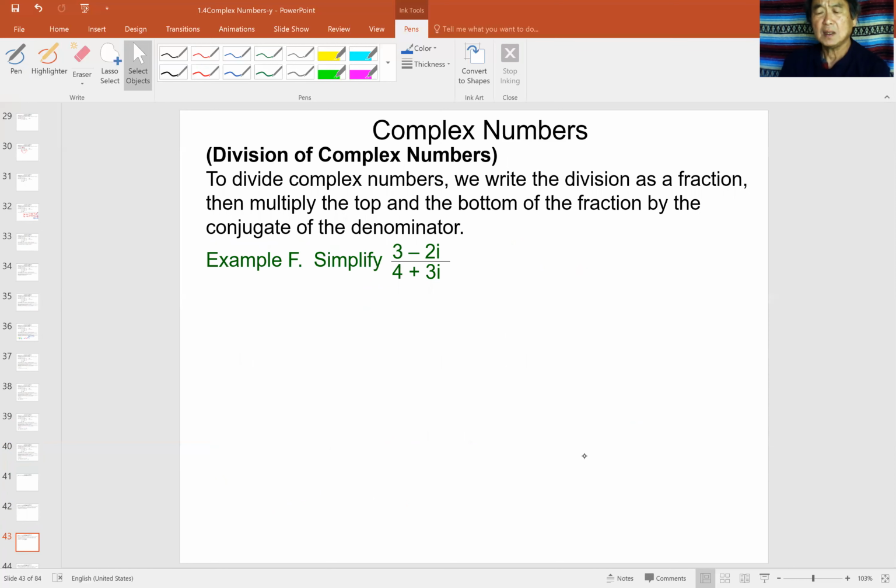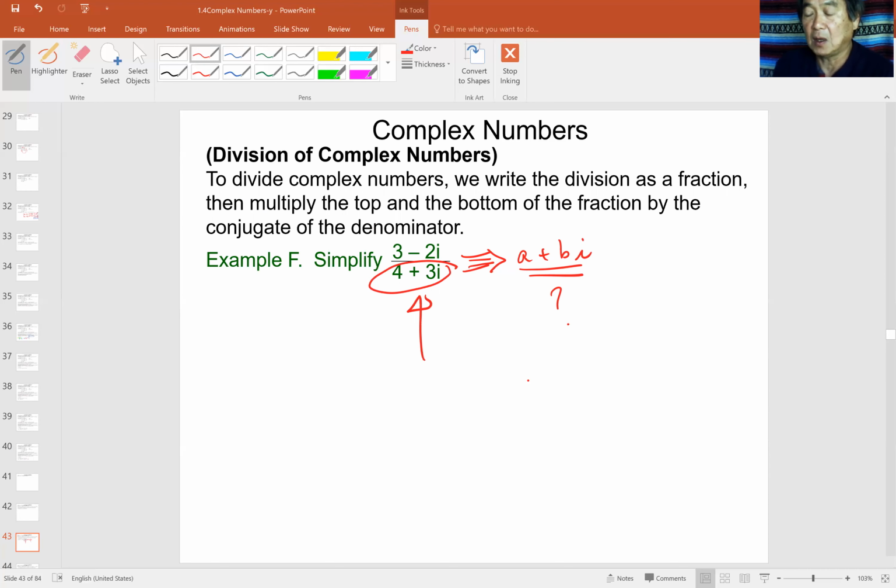Okay, and what does it mean to divide? What we mean is I want to find out what complex number a plus bi the quotient turns into, as another complex number. There's no meaning if you try to think of the old meaning of 6 divided by 2, like 6 over 2. It doesn't carry over. How do I divide by a complex number? So we don't do that.